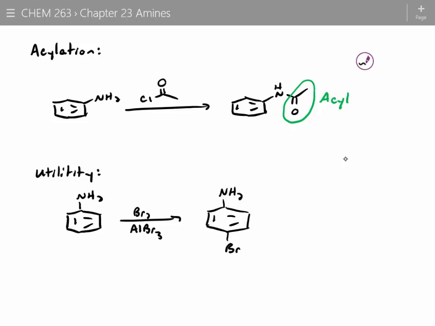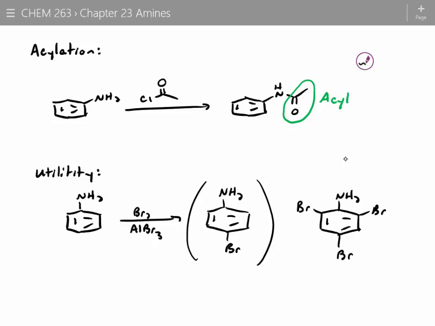Why might this not work very well? We might get ortho. Yeah, exactly. We've got a super, super strong activator. So in fact, you don't observe this. Instead, what you get is the overbrominated aniline. Should be in both spots. Yeah, it would be both ortho and para because that aniline is just too strong. It's going to activate all the positions.